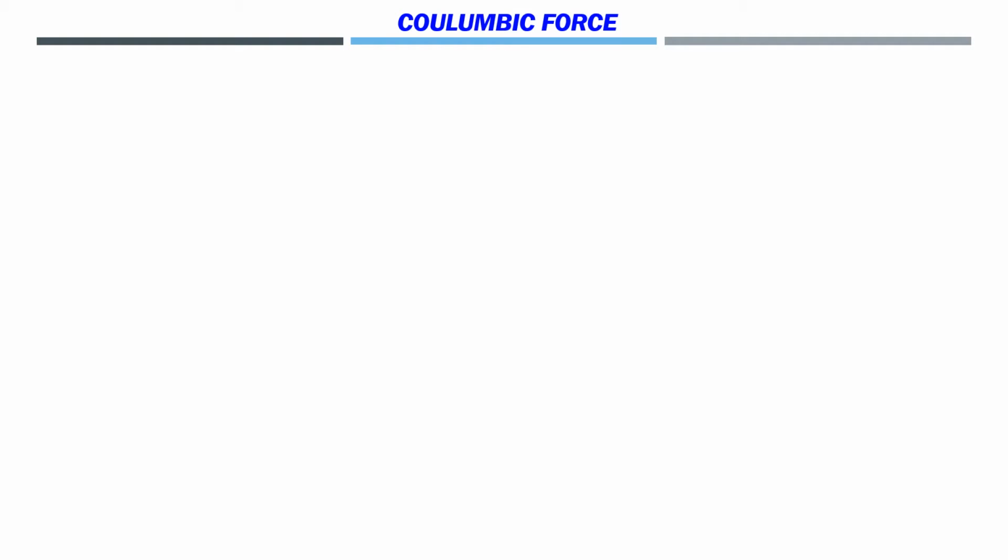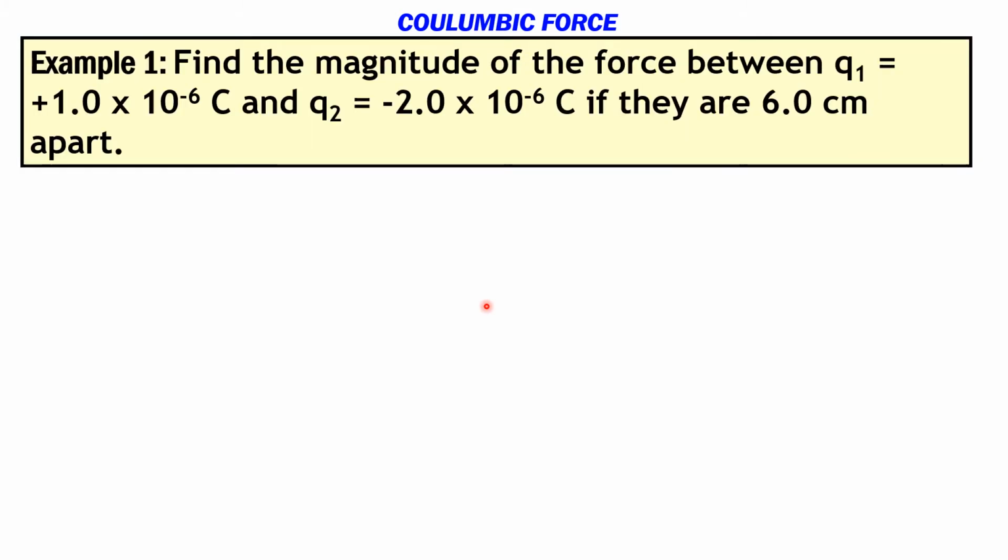For our first sample problem, find the magnitude of the force between Q1, which is equal to positive 1.0 times 10 to the negative 6 coulomb, and Q2, whose charge is negative 2.0 times 10 to the negative 6 coulomb, if they are 6.0 centimeters apart.